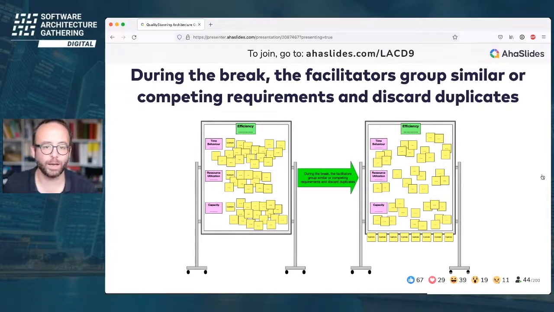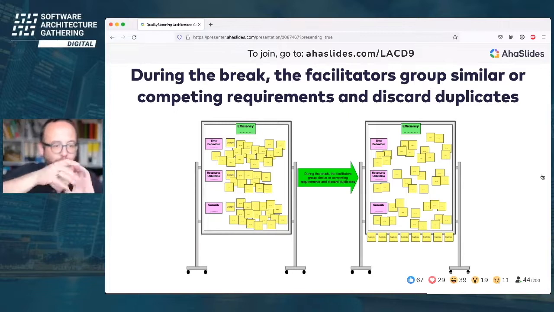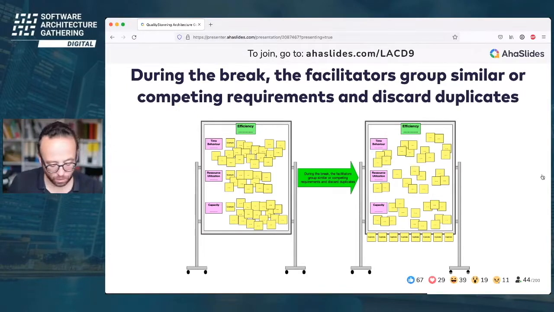I usually put them at the bottom to show people, okay, those are duplicates and so on, or I toss them right away. And so what we do is we build groups of similar stuff, where we have conflicts, where we need to find agreement. Yeah. And this is also going to be a helping point for the next phase.